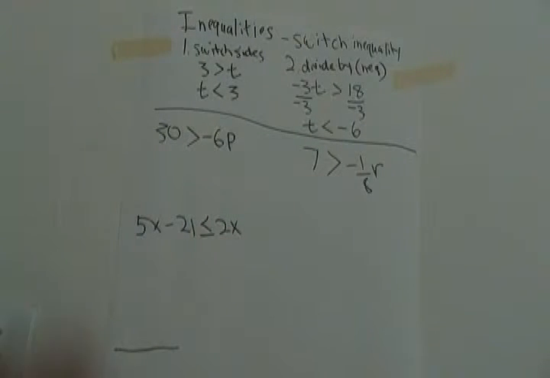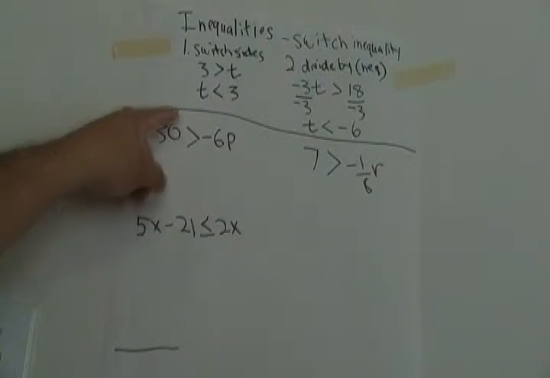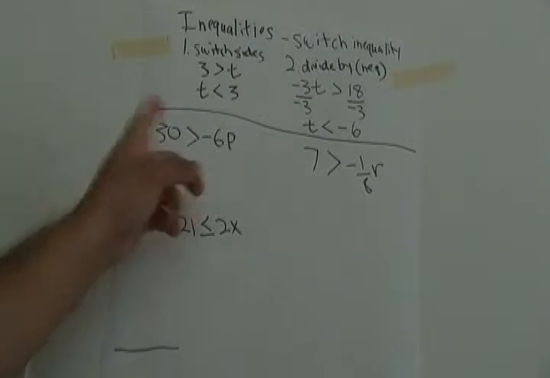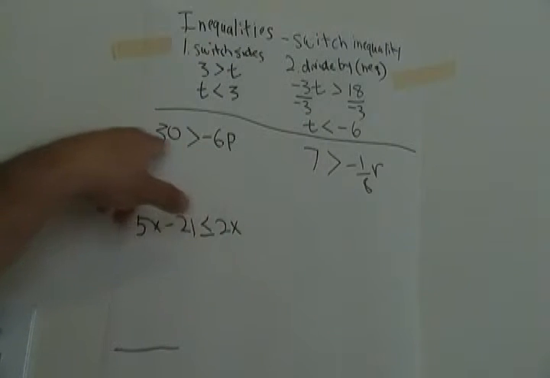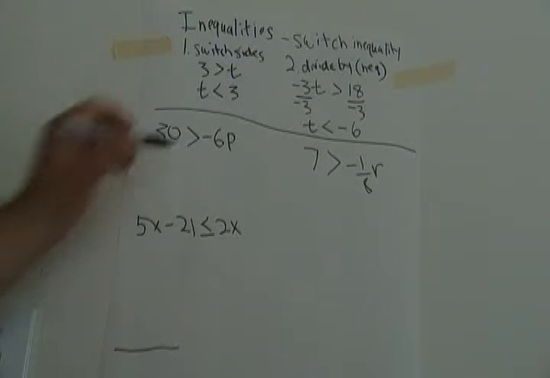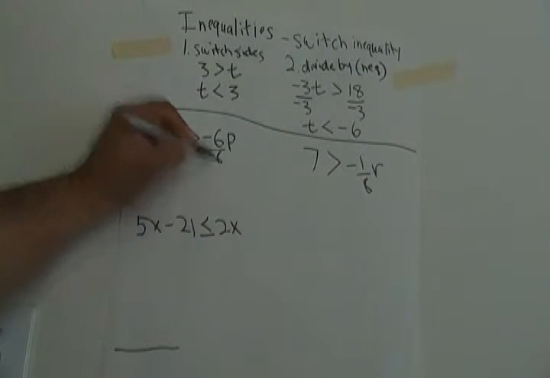And also we have a negative number here, so we're going to have to divide by negative. So we have these inequalities switching a couple of times. First things first, just imagine this is a regular equation. So let's solve for p. We divide both sides by negative 6.